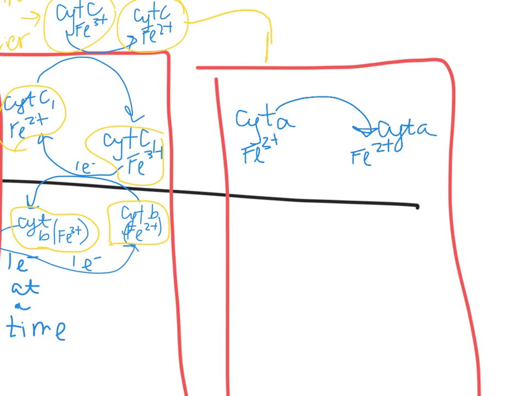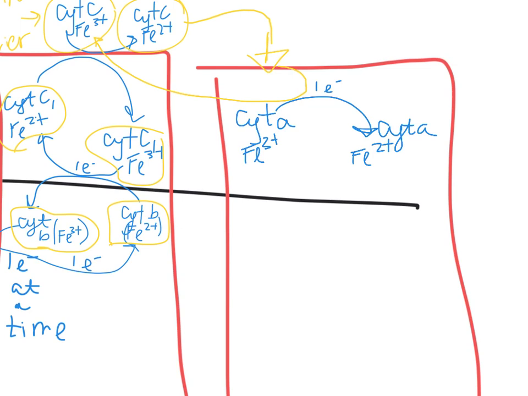So the cytochrome C will come over to complex 4, pass its electrons, and then be regenerated into Fe3+. So again, we're only doing one electron at a time. Eventually, all the electrons will move over. All 2 electrons will move over.